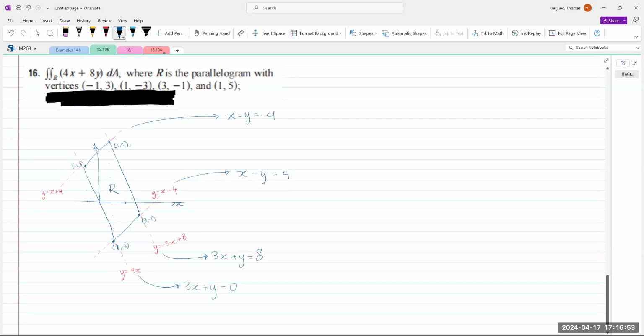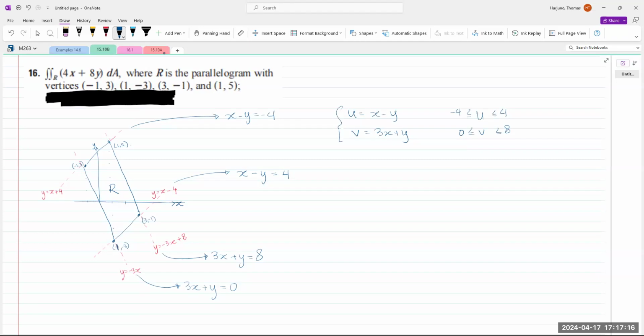Okay, so now I can say, let u equal x minus y and v be 3x plus y. Then u will be from -4 to 4, and v from 0 to 8. Oh, it seems like we get exactly what we had earlier.